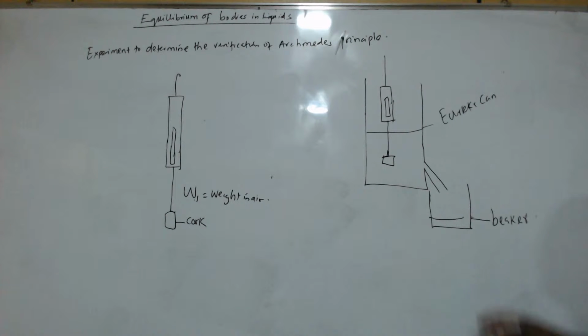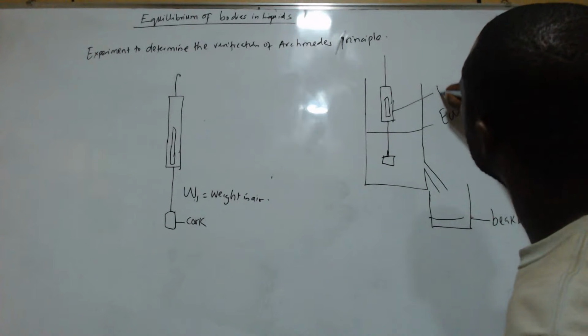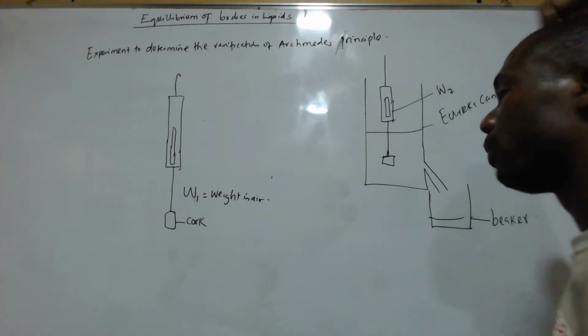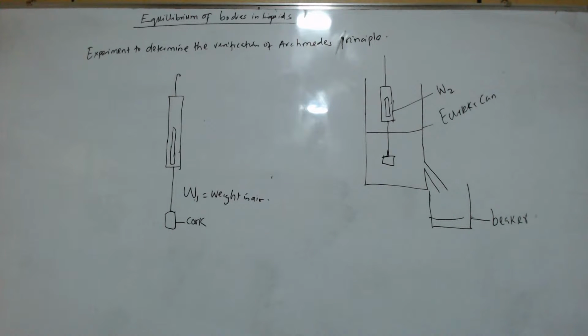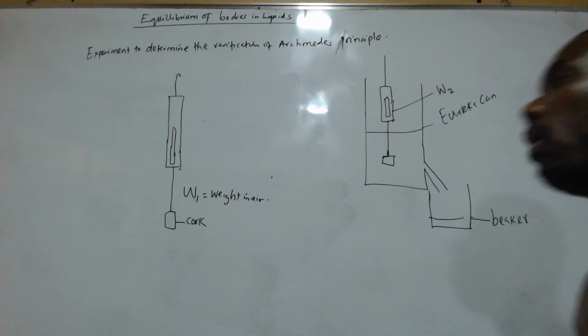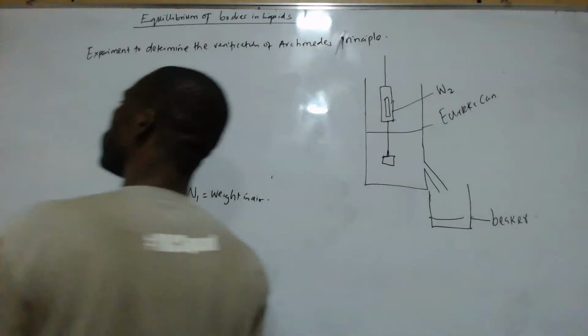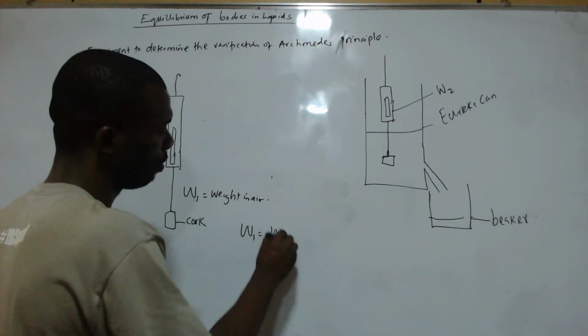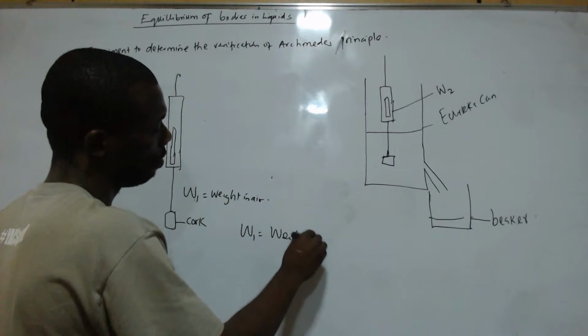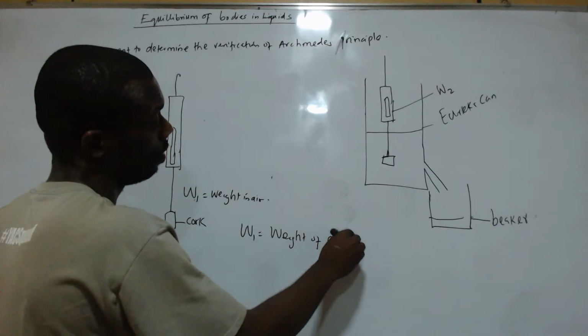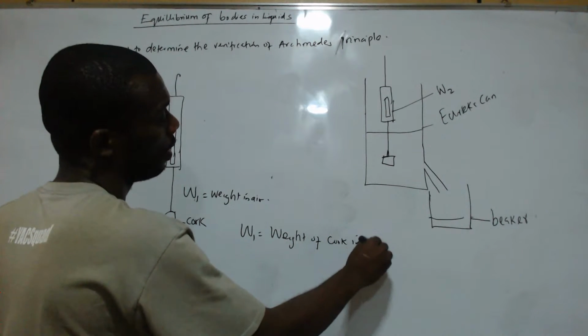Now let's represent the weight here as W2, so that W1 is the weight of the cork in air.